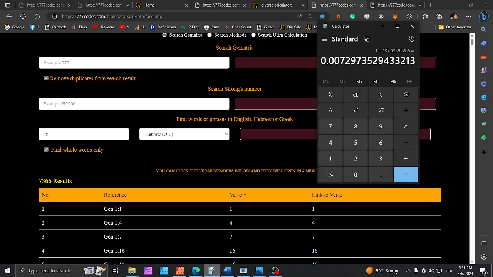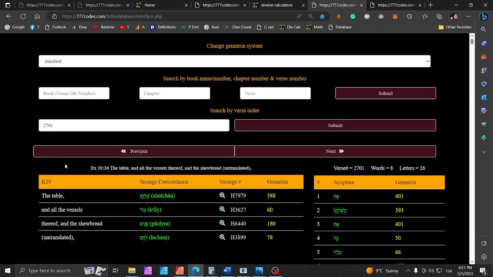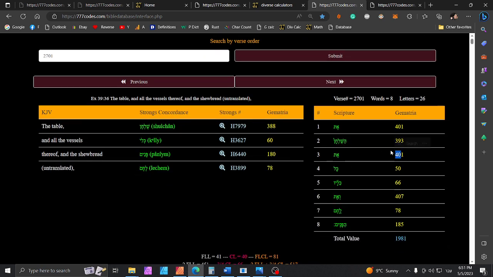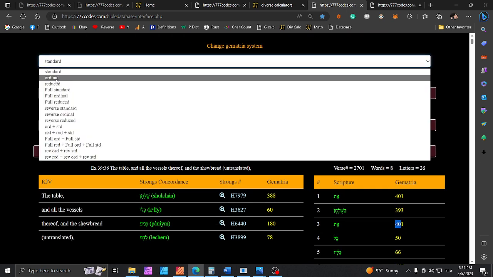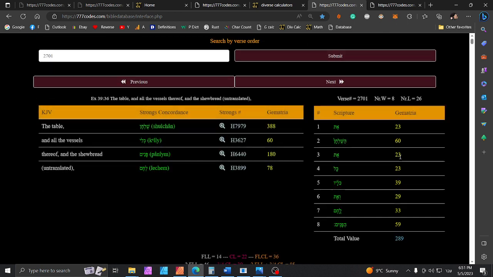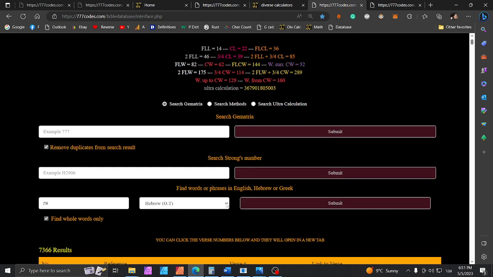That is very, very, very special, because if you take Aleph and Tav, the ordinal value, see the first verse of the Bible. Aleph and Tav is mentioned 2 times in this verse. Now, if you check this verse in ordinal, you'll see Aleph and Tav has the value of 23, like I've mentioned before.